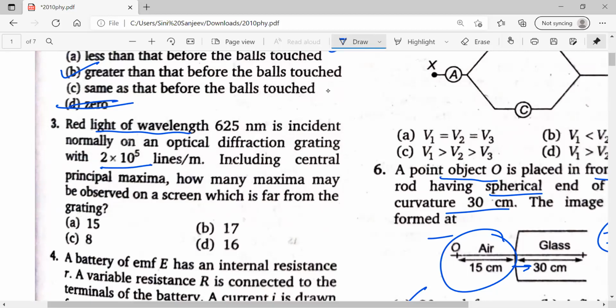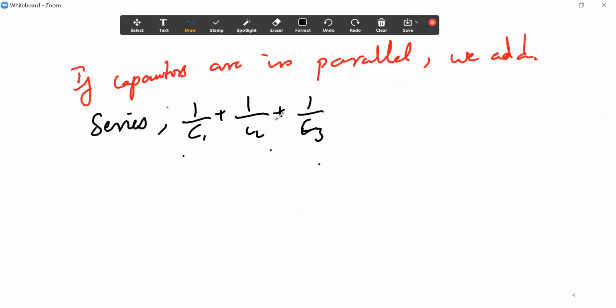How many maxima may be observed on a screen which is far from the grating? We have to know the formula for these things. So the number of maxima formula is there, and that we have to know for this.